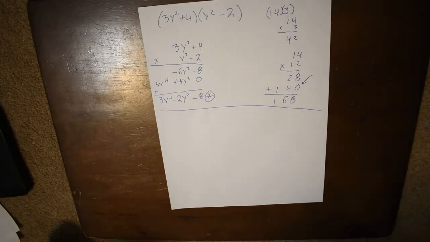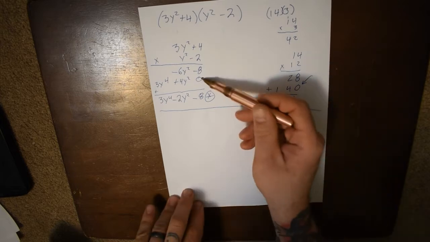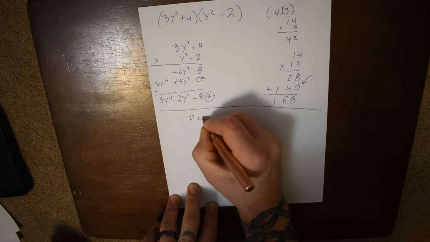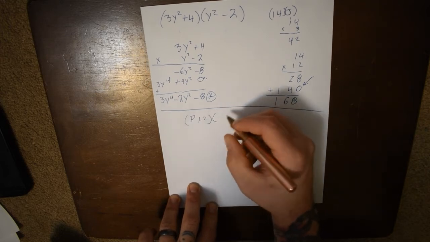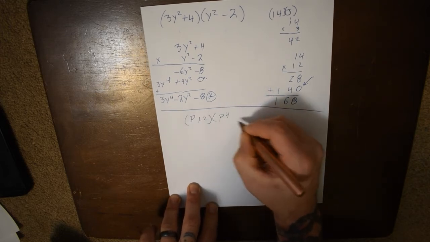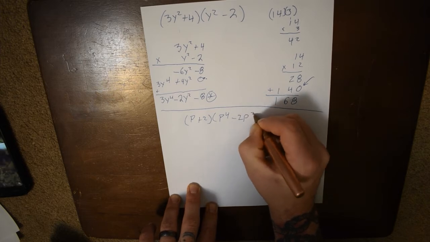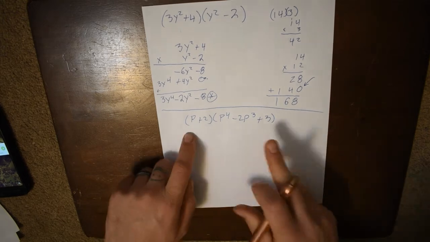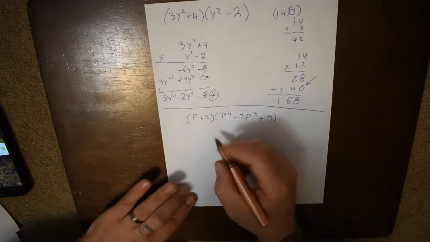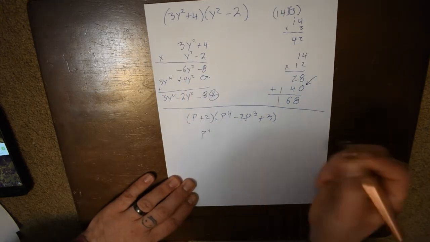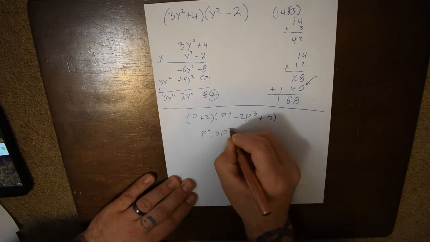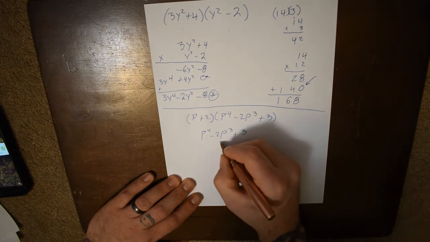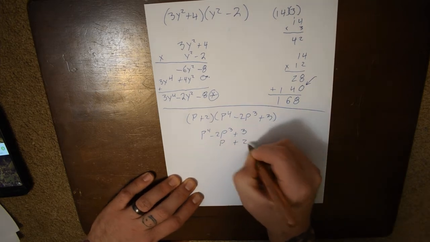So let's do another example using this method. Let's say we wanted to multiply p plus 2 times p to the fourth minus 2p cubed plus 3. Well, we're going to set this problem up just like we did over here. We'll put p to the fourth minus 2p cubed plus 3 on top of p plus 2.